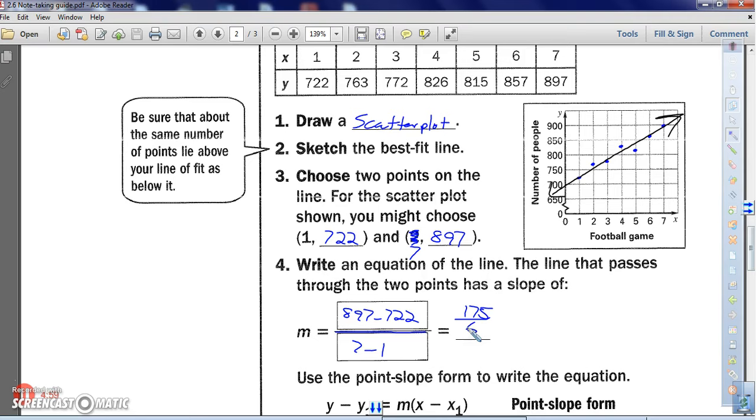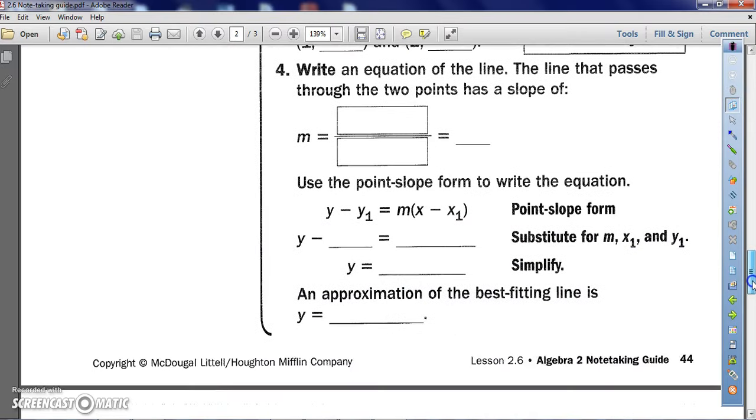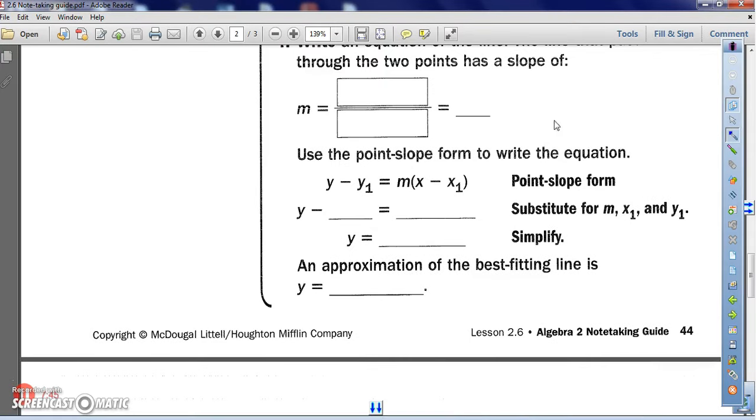Okay, so I need to move this down slightly so that I can work with this a little bit better. My points were (1, 722) and (7, 897), and we found that our slope was 175 over 6.